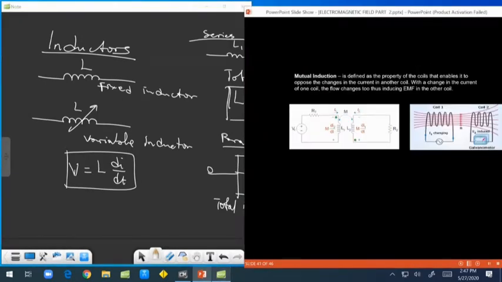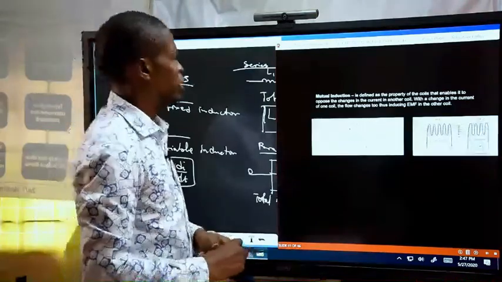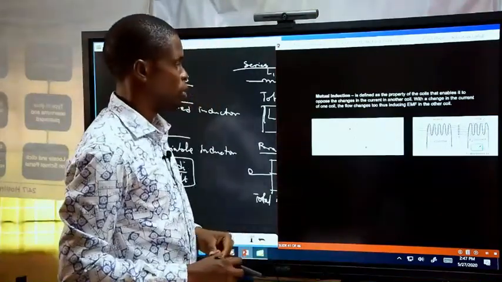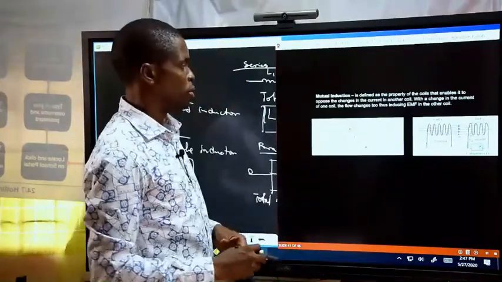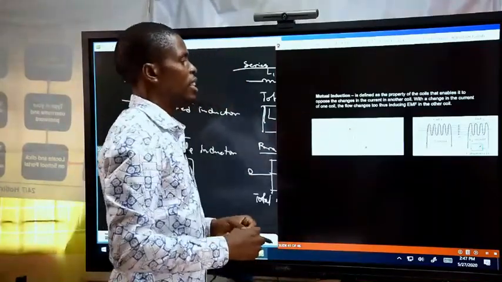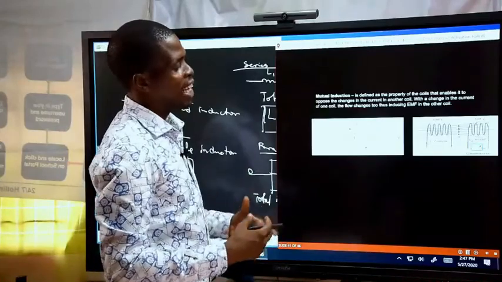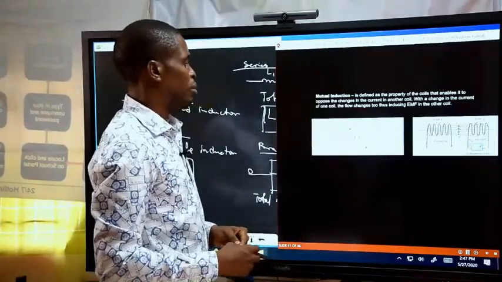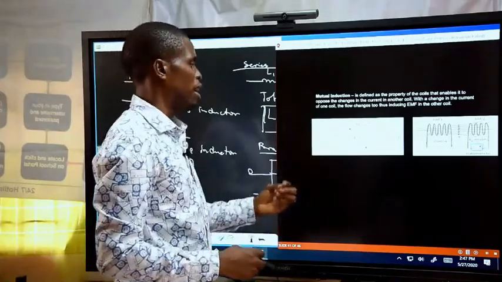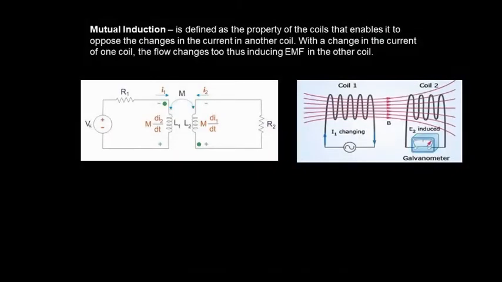When we talk about mutual induction, we have a diagram explaining the relationship. We said that the changing field in one coil will invariably affect the currents in the other coil. That means the EMF induced in a coil will affect the current in the other coil. So when we consider this diagram, we have the voltage.